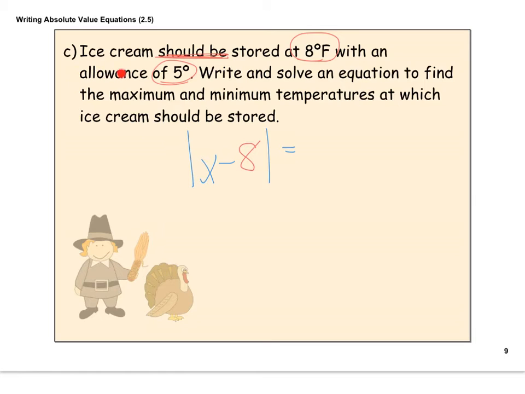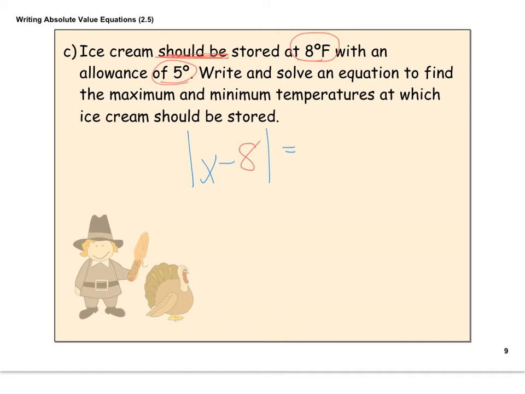And this word allowance means something different than the allowance you receive from your parents or guardians. Allowance means that it could go up to 5 degrees warmer or 5 degrees colder, as long as it stays within a 5-degree range of the ideal situation, it's fine. It's kind of like, usually when you're driving, you get a 5 miles per hour allowance.